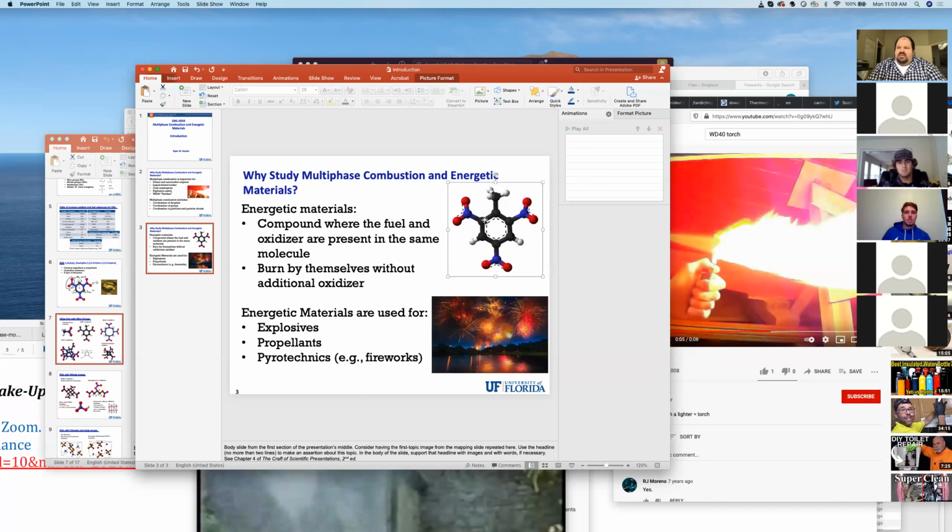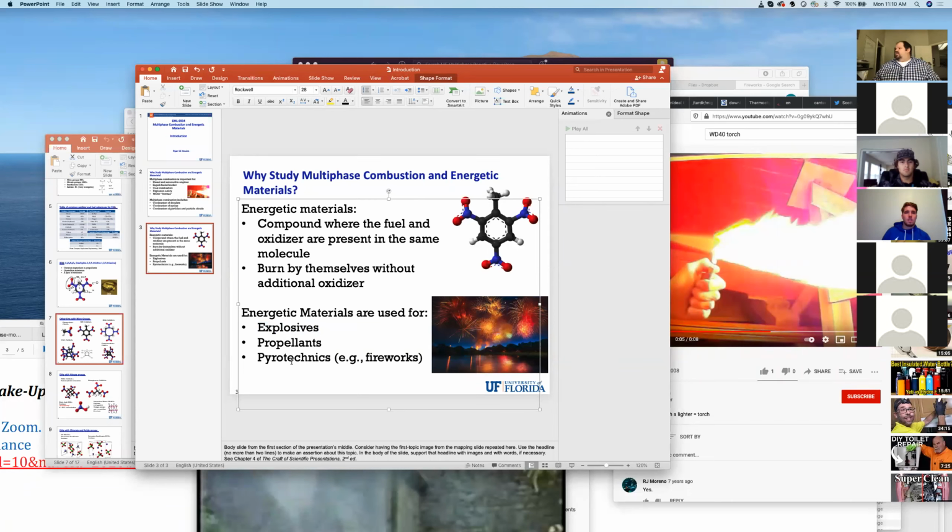They are called energetic materials because they add energy to the system, and so their chemical reaction is always exothermic. And energetic materials are used for explosives, rocket propellants all the time, and also pyrotechnics.